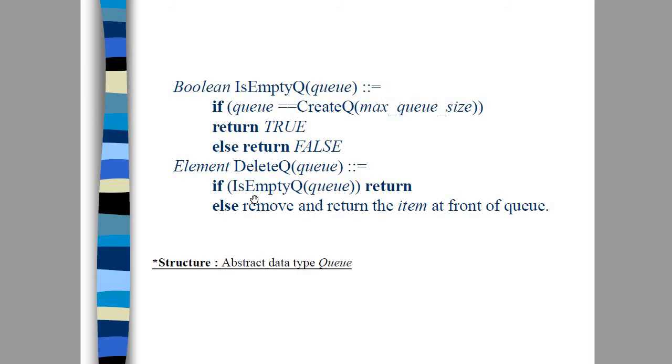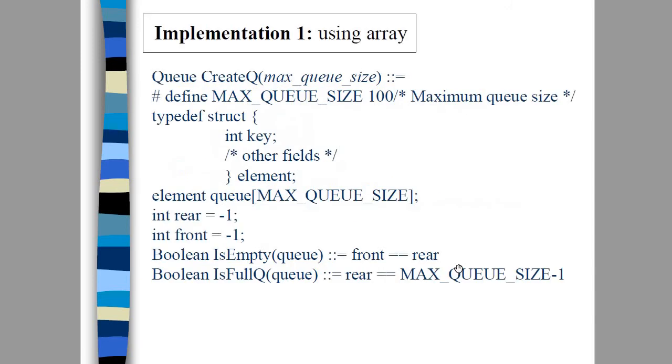If the queue has some elements, we increment the front pointer by 1 and then remove the element from that position. Here the front and rear pointers point to locations in the queue.